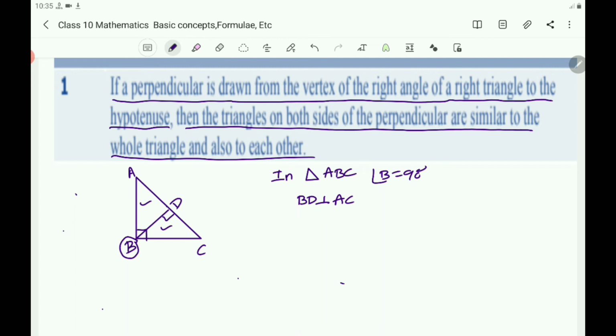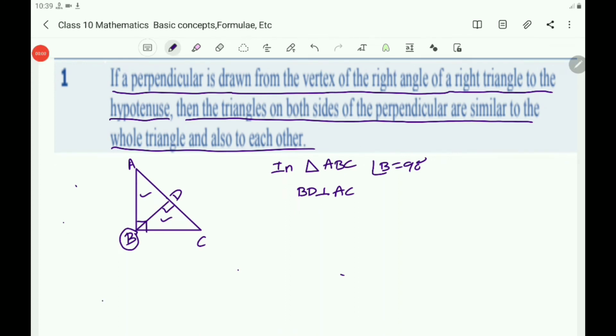Then the two triangles formed on both sides of the perpendicular: triangle ABD is similar to triangle BCD, which is similar to triangle ACB.